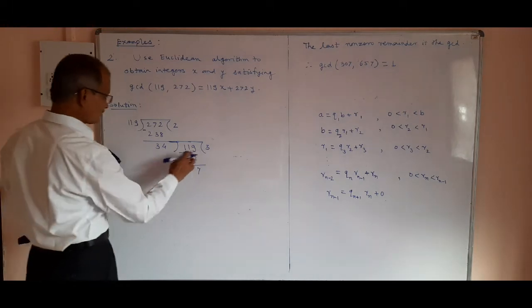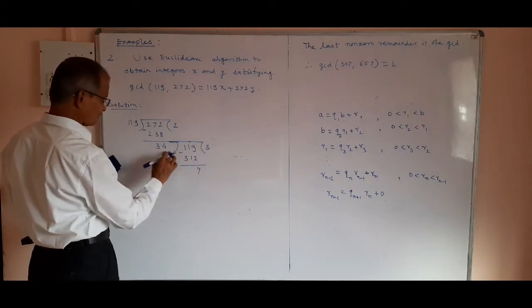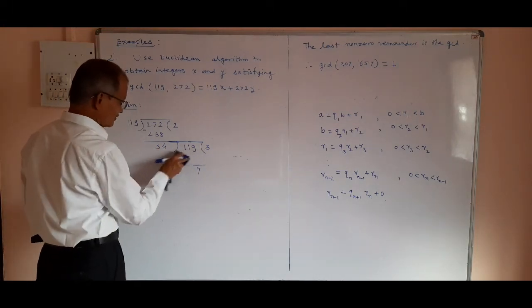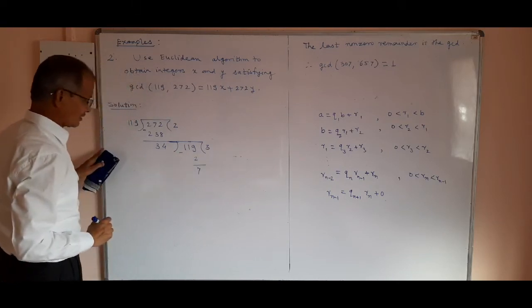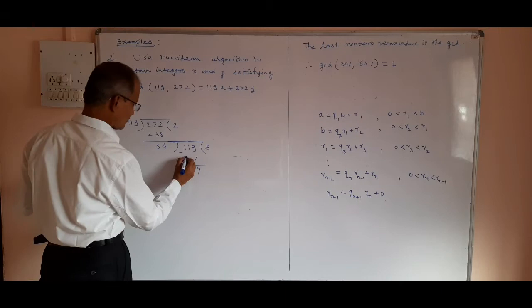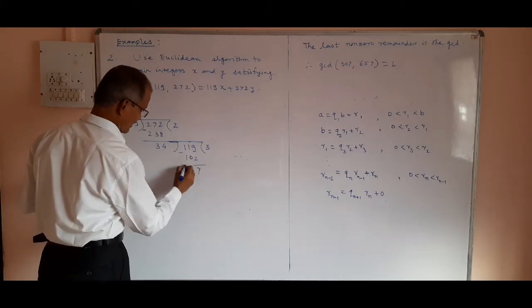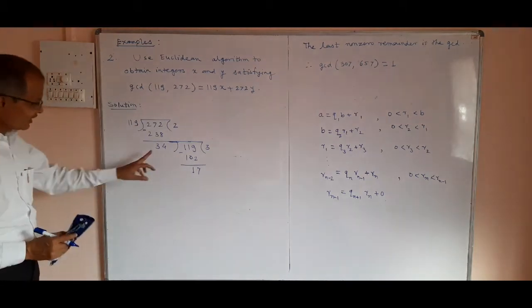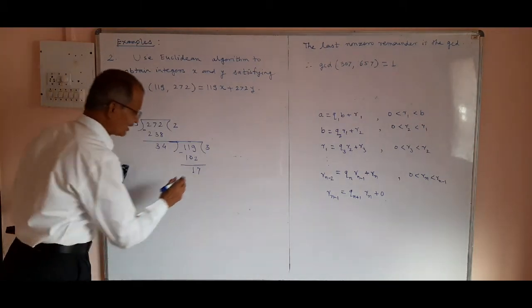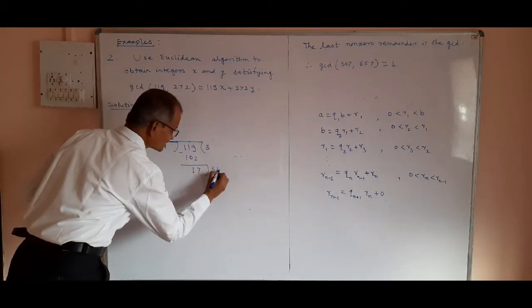34 into 3 is 102, and the remainder is 7. Now we take this number and divide 34 by 17.